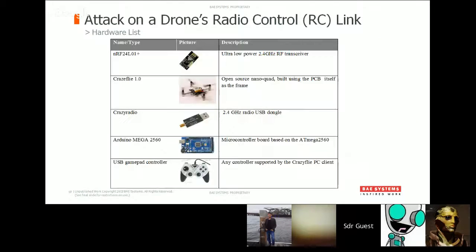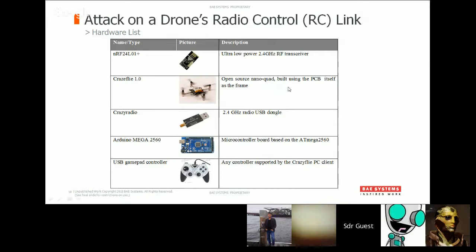Also, they performed the attack on a different drone, and I did this test on a different drone platform. I performed this attack on a drone called Crazyflie 1.0. Now they have released Crazyflie 1.2. This is the older version, and it is an open source nano drone.